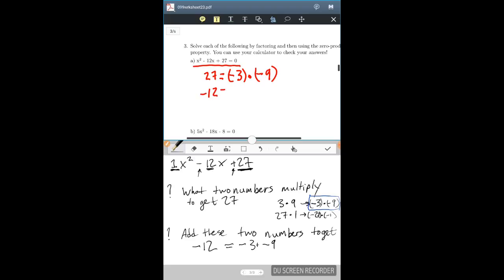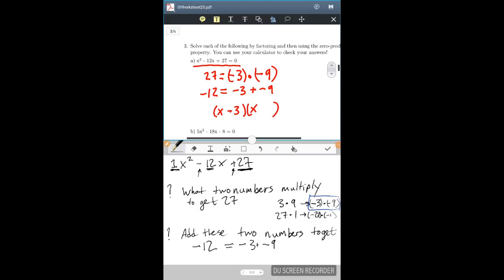And we know that negative 12 is negative 3 plus negative 9. So then what we can do is factor this into, so you put the factors in. We've got an x here and an x here. And all we then have to do is throw in our values.